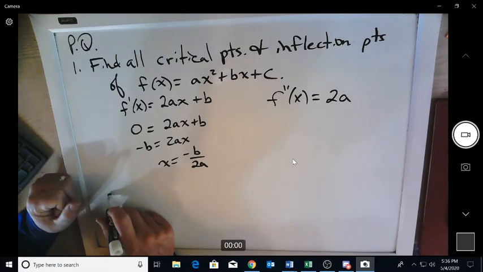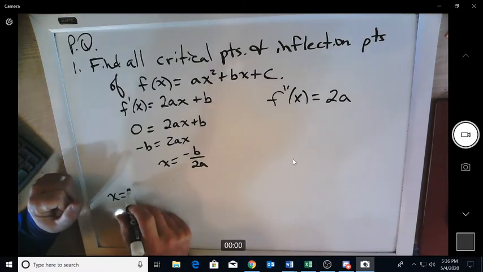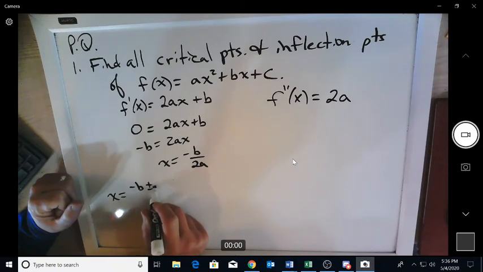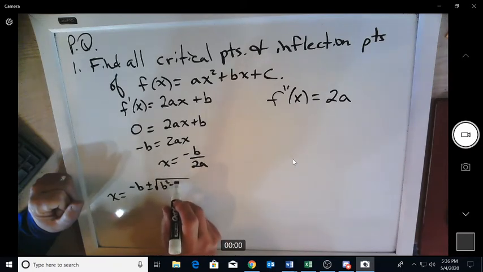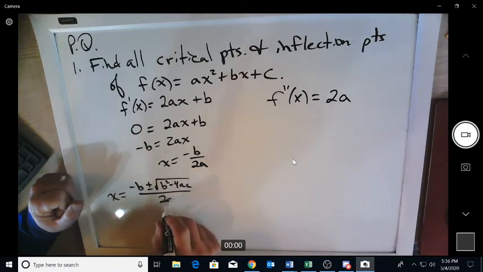If you'll recall, we went over this once before, the quadratic formula. Negative b plus or minus square root of b squared minus 4ac all over 2a.